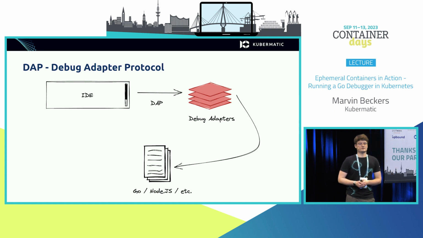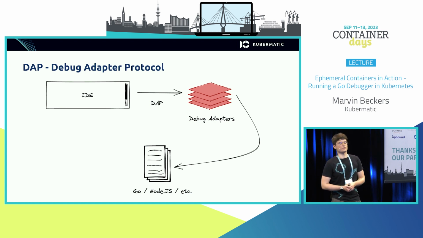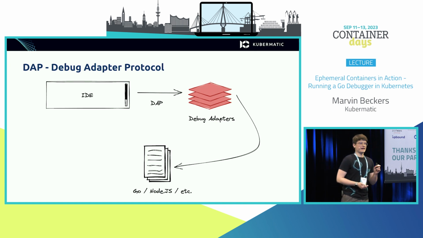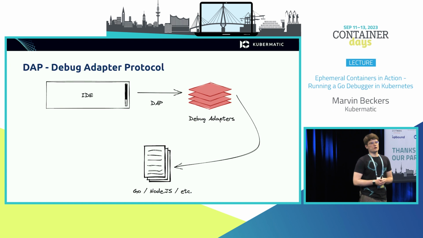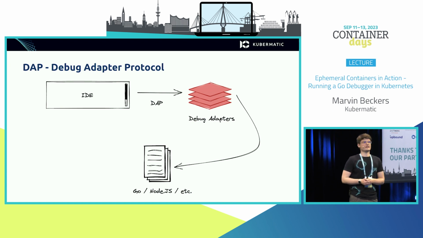The idea behind DAP is that you have an adapter between your IDE, or your tooling of choice that is supposed to debug your application, and the actual debugger. Some debuggers have implemented the debug adapter within their own code, so we'll take a look at that. Delve actually has its own implementation of this, but the original idea of the people behind DAP was: we don't really expect every debugger to implement our protocol, so we will build debug adapters.